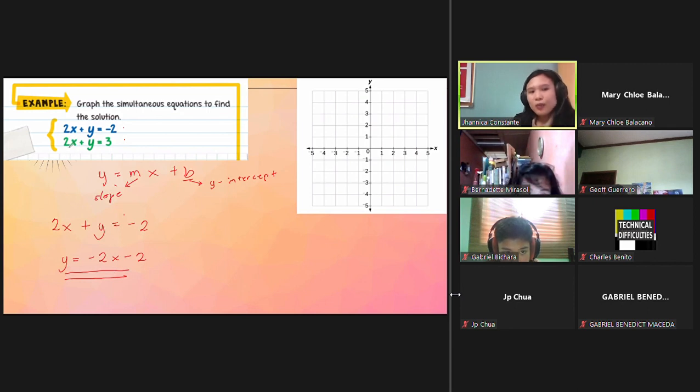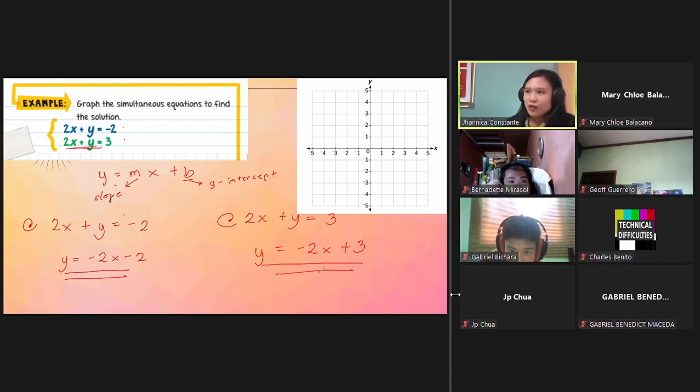Let's transpose the second equation, which is 2x plus y equals 3. The same process: transpose the term with variable x, so you will have y equals negative 2x plus 3.